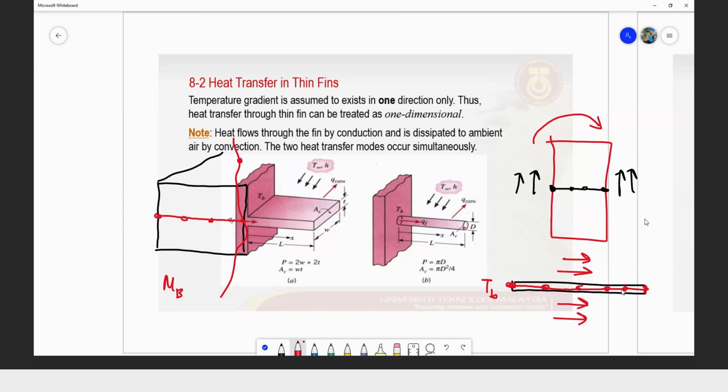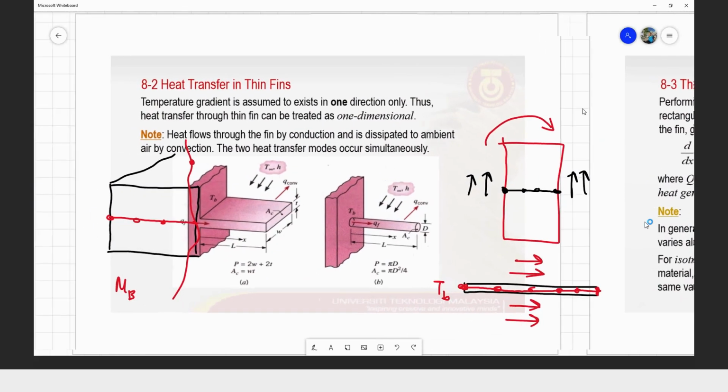So we're still working in 1D. Most of the time, we will involve these three kinds of boundary conditions: we may have insulation included, then a specified temperature at the base, and then the convection process on both sides of our fin surfaces.